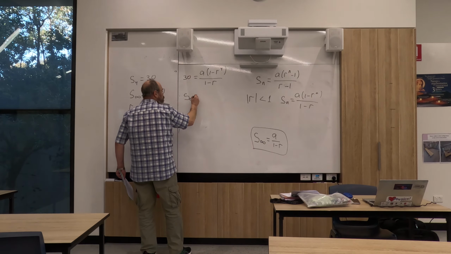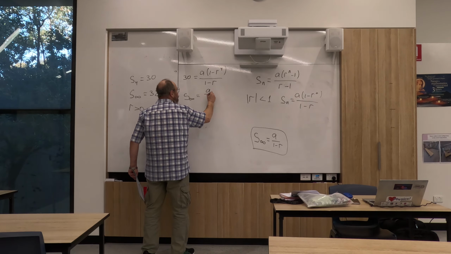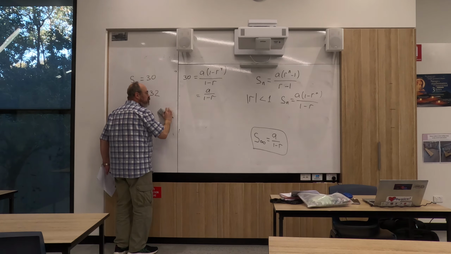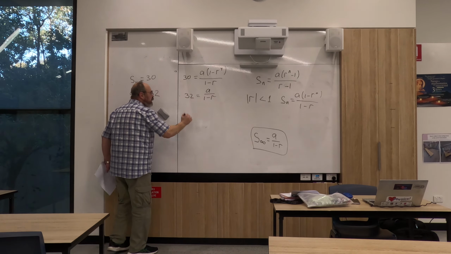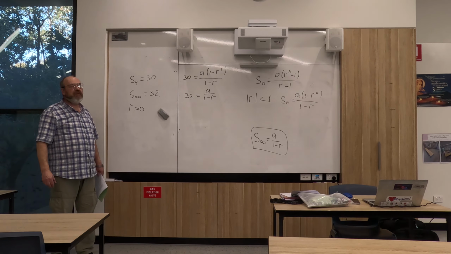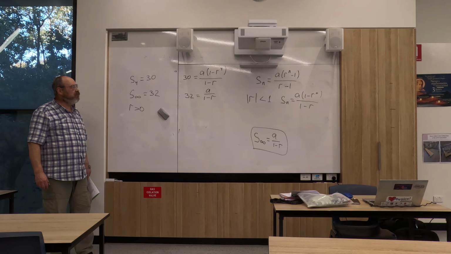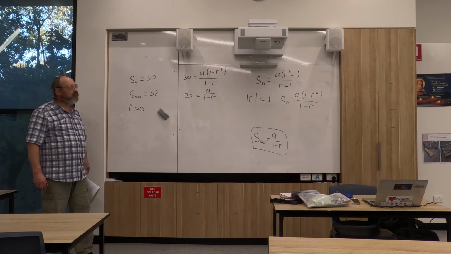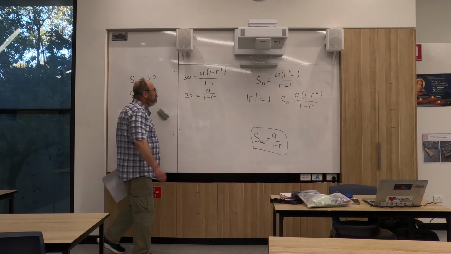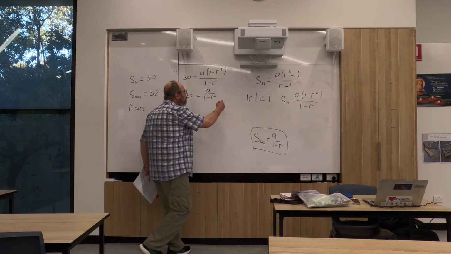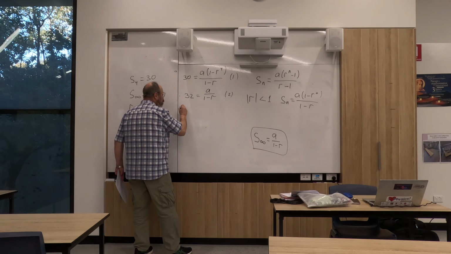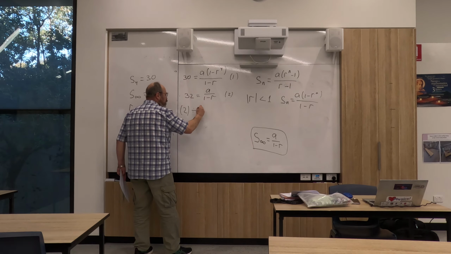Then we have S to infinity equals a over 1 minus r, and S to infinity equals 32. So we got 2 simultaneous equations. What will be the easiest way to solve them? Maybe divide. Yes. Let's divide equation 2 by equation 1.